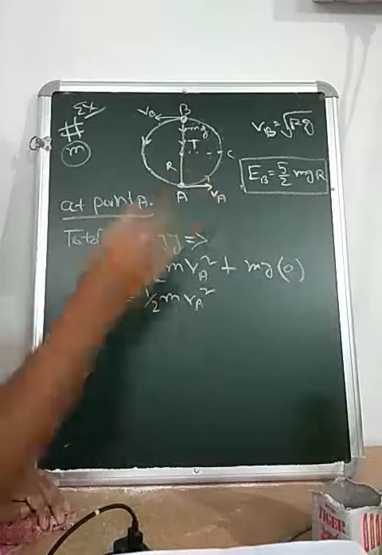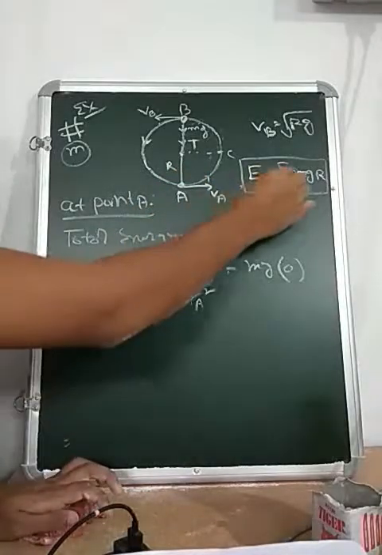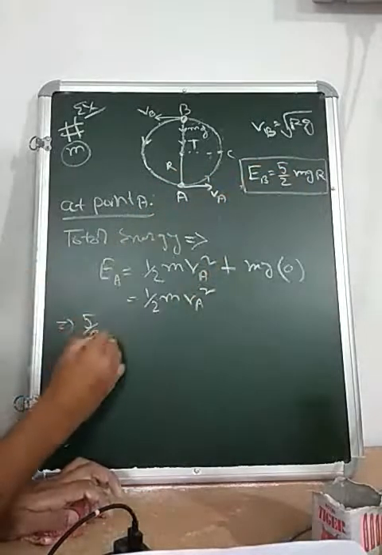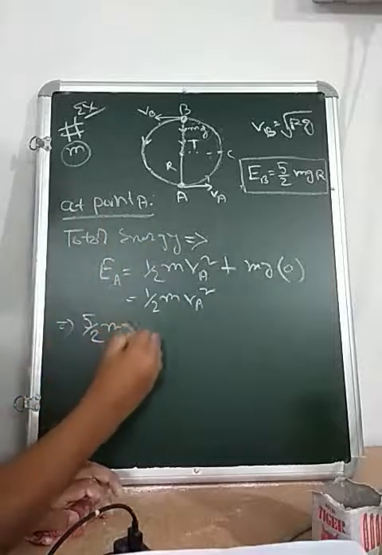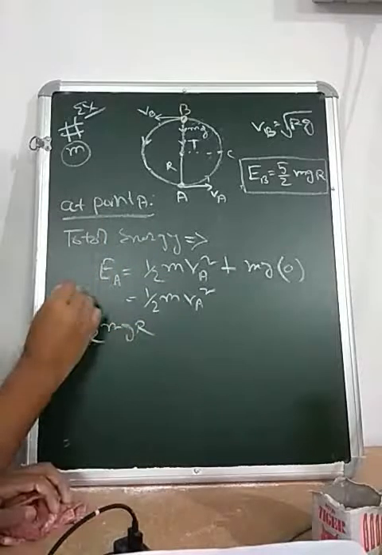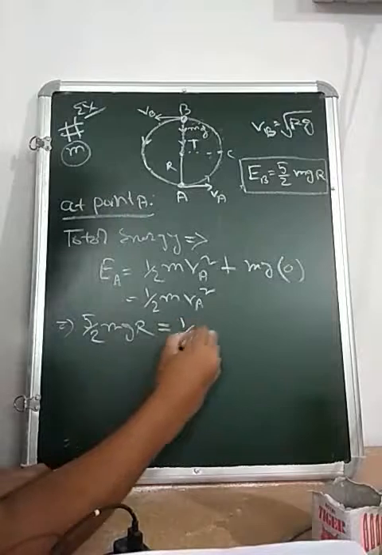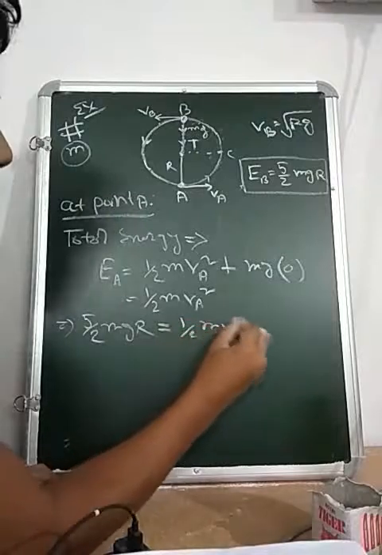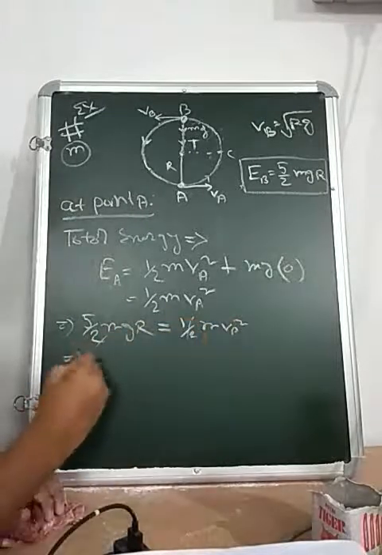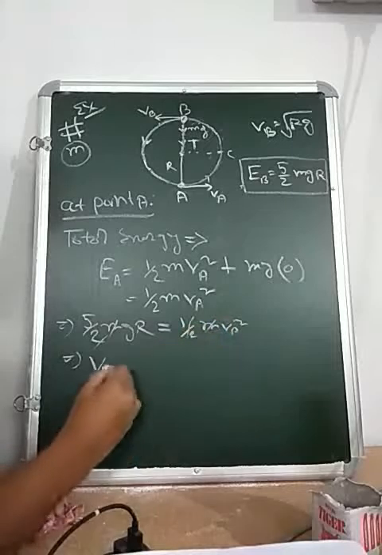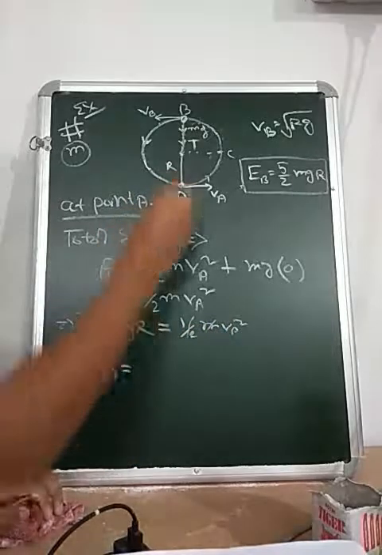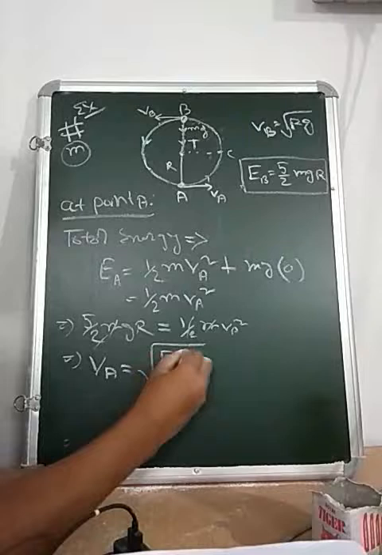So at position A, what will be the total energy? It will also be 5/2 mgr. So 5/2 mgr is equal to half m VA square. Half will get cancelled, m will get cancelled. So what is the velocity of the object at point A? It is root over 5rg.